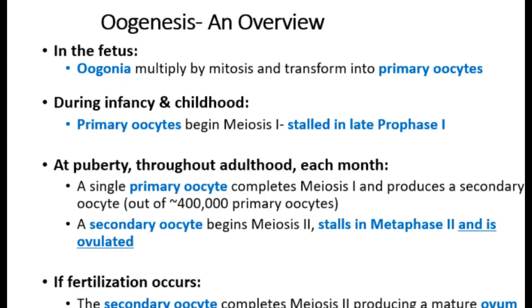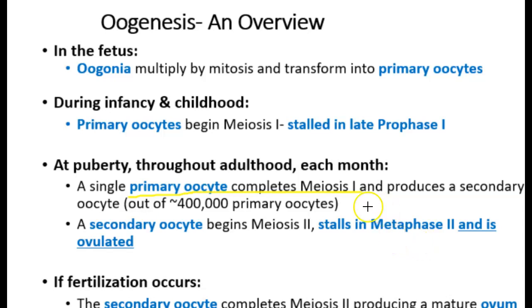Then at puberty throughout adulthood each month, a primary oocyte can complete meiosis 1. Now it's going to depend on what follicle it's in. If the follicle has been recruited, then it will do so. So at puberty, a single primary oocyte will complete meiosis 1. I don't mean that just one does, a group does each month.